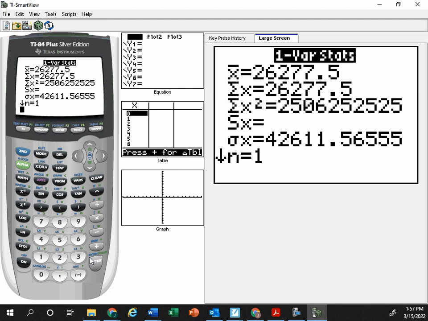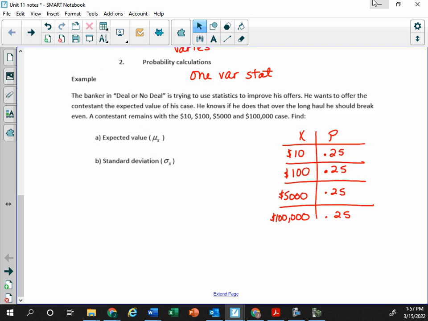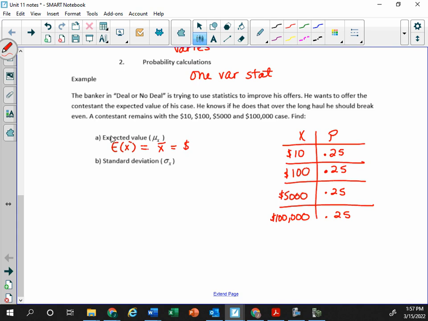Yeah, so usually you're going to look for the X bar. X bar is your expected value. So that's $26,277.50. So we're going to jot that down. So E of X, I'm going to make a note. That's my X bar. And that is 26,277 and 50 cents, okay?